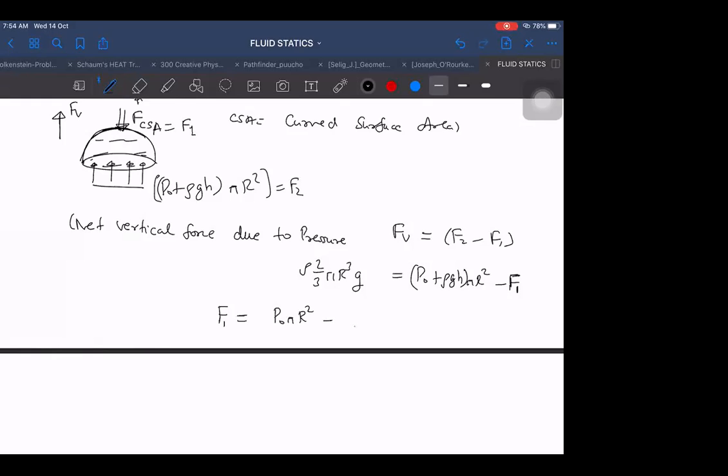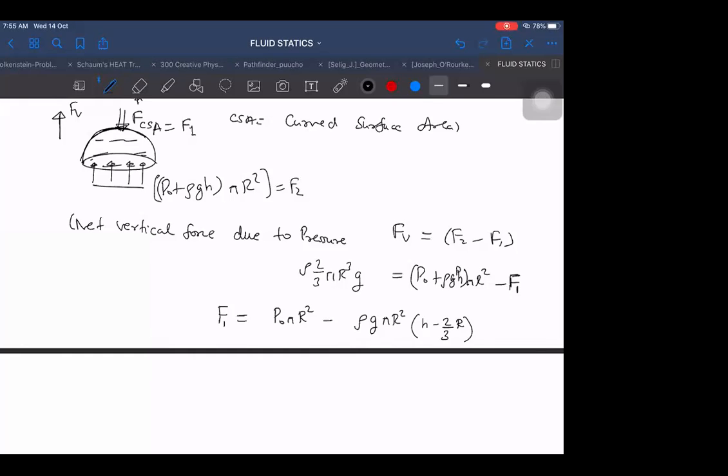Minus rho into g into pi r square into pi r square into P naught plus rho g h by 3, sir. I am getting this.